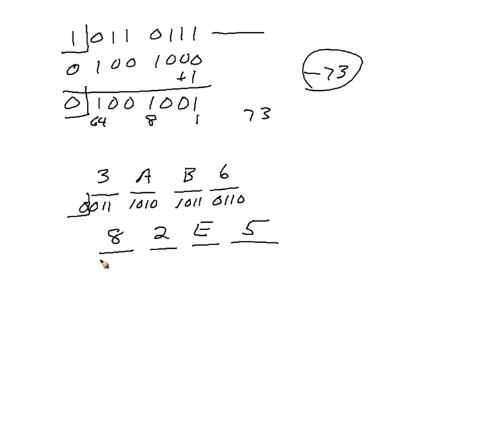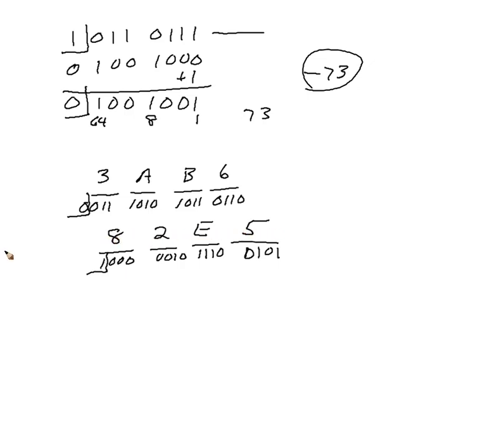So this would be 1, 0, 0, 0. This would be 0, 0, 1, 0. E is the same as 14. So I've got this, and 5 is 0, 1, 0, 1. Take a look. Here's a sign bit. It's a 1. That means this is a negative number if it's a signed number.